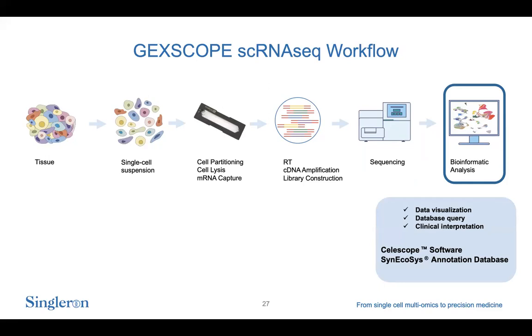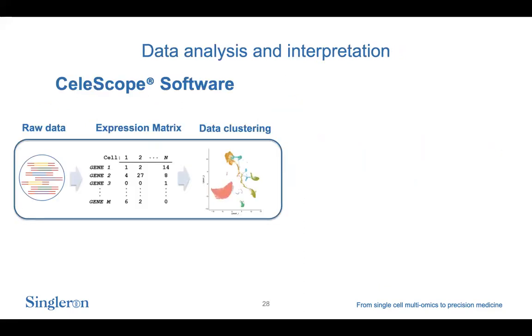Now let me briefly show you what kind of data you will get from our single cell sequencing products. When your data from the Illumina instrument arrive, you get raw data in the FASTQ format, and you can easily use our CellScope software. It's a pipeline that is free for you to download from GitHub, and you just feed your raw data into this pipeline.